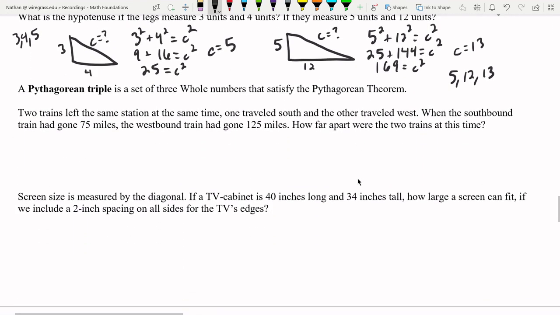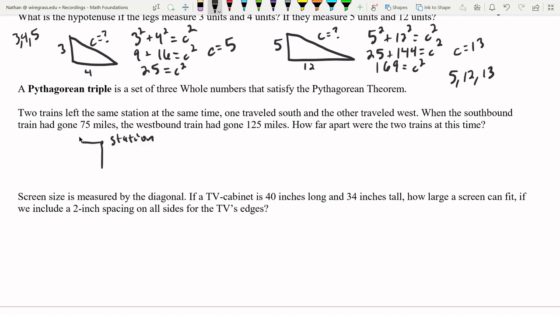Okay, we have a couple application type problems. 2 trains leave the same station at the same time, and one traveled south and one traveled west. So if this is the station, one traveled south and one traveled west.